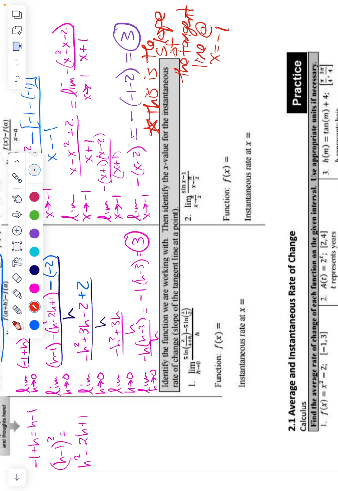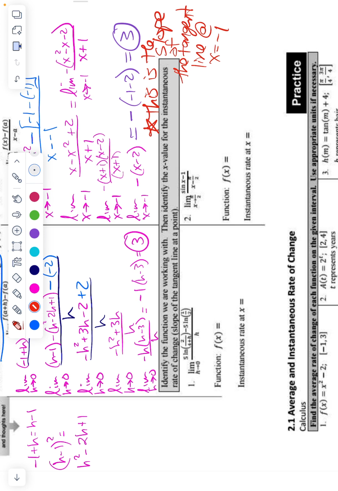How come you can't put the limit as x approaches -1 equals 3? How is that wrong? She's saying, why can't we write it like that? What is this limit of? Some function, right?